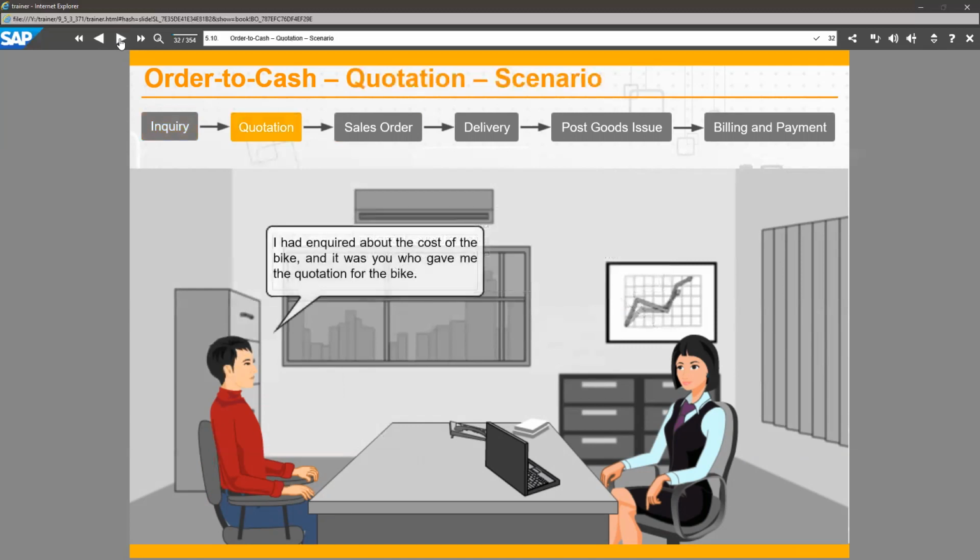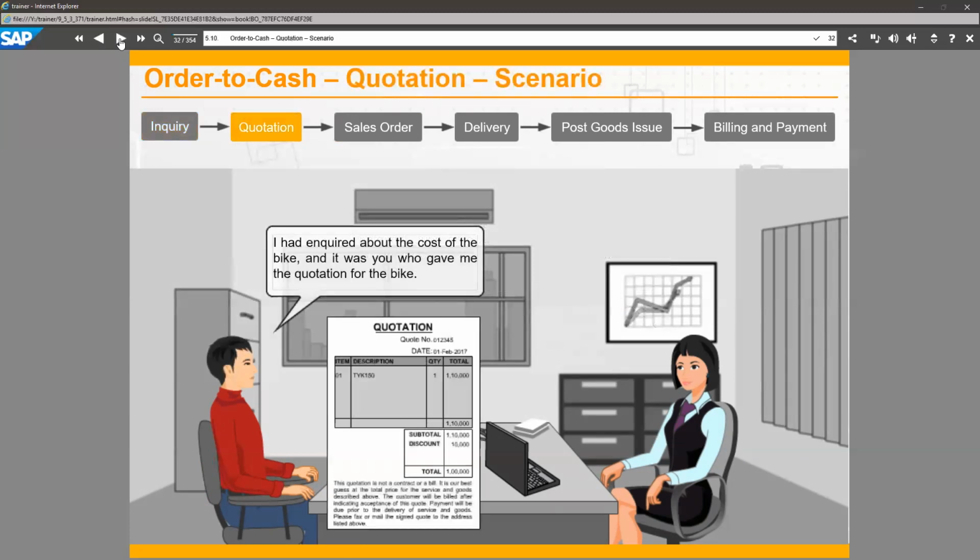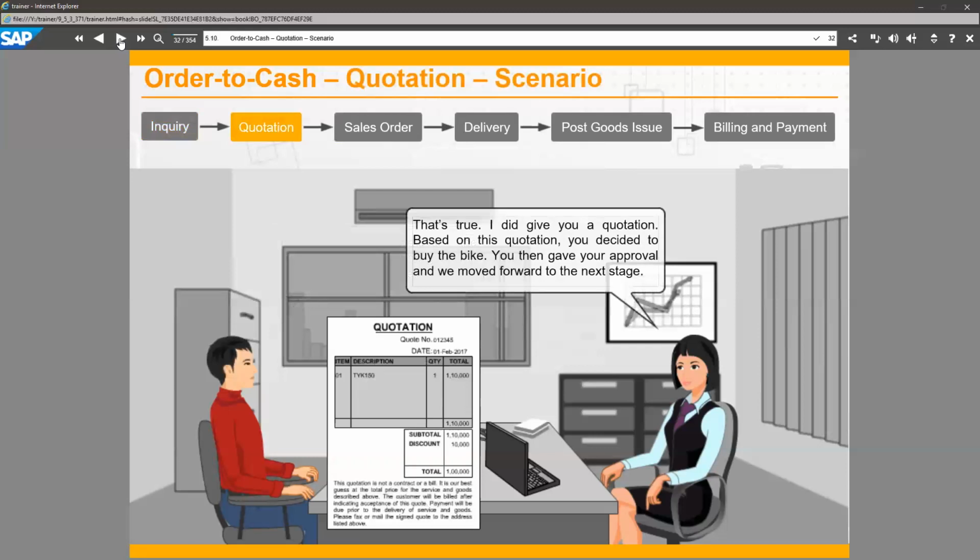I had inquired about the cost of the bike, and it was you who gave me the quotation for the bike. That's true. I did give you a quotation. Based on this quotation, you decided to buy the bike. You then gave your approval and we moved forward to the next stage.